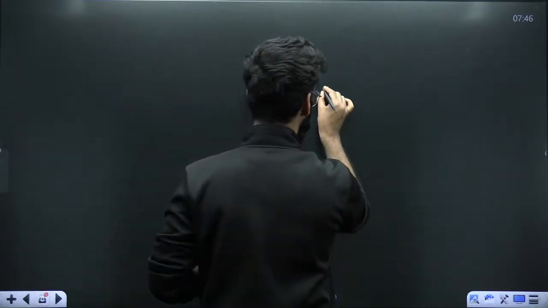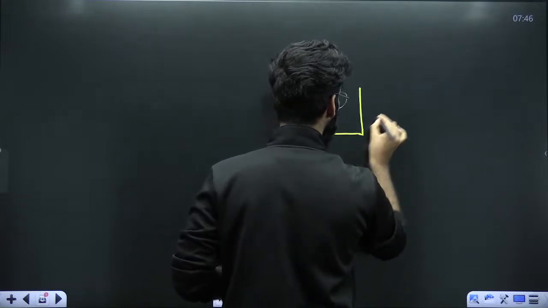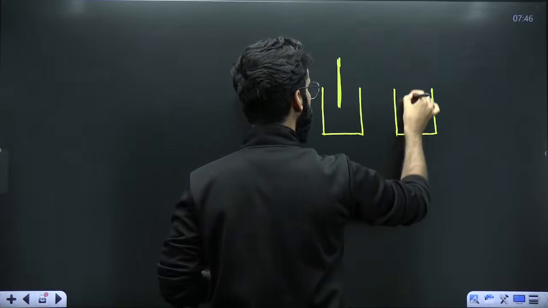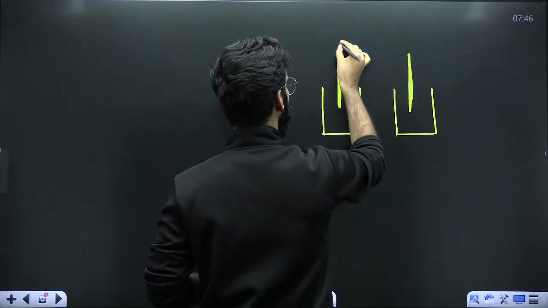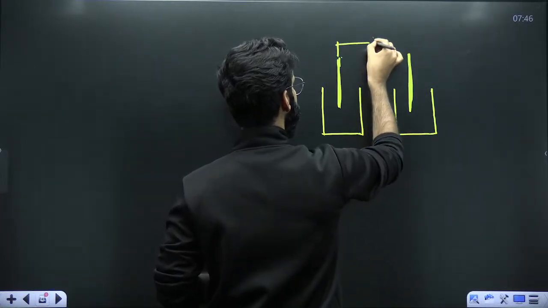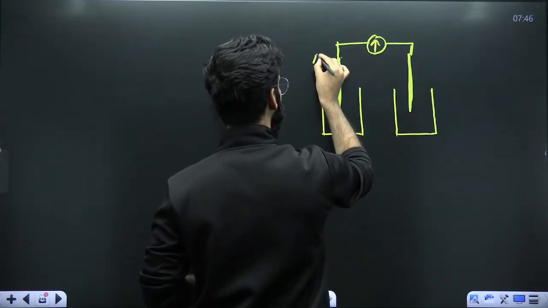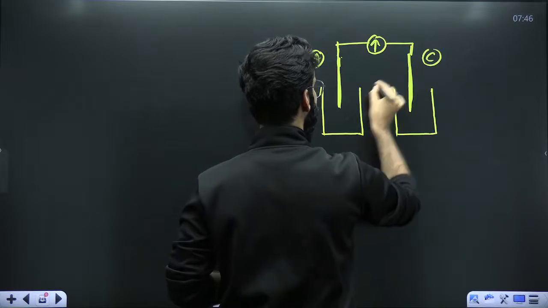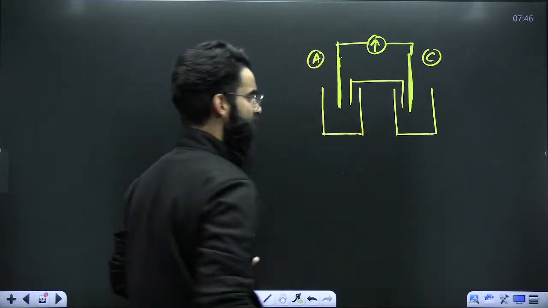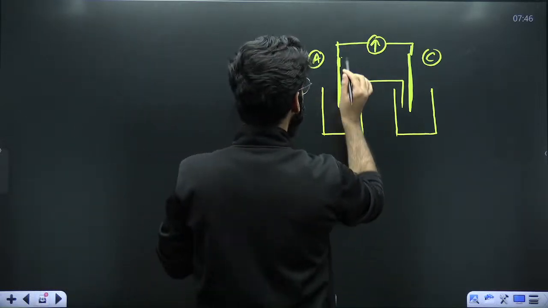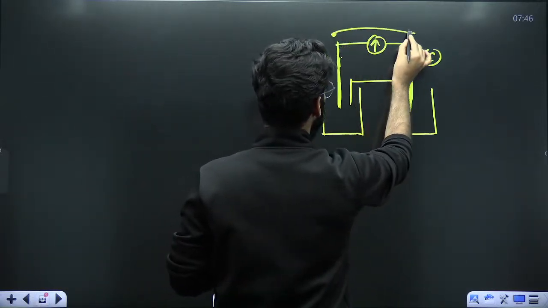Try to understand one more thing. For example, I'm again taking the Daniel cell into consideration. This is anode and over here this is your cathode. You are connecting them externally, and internally also you're connecting them. So this is your Daniel cell. First of all, what happens in the Daniel cell? Electrons are moved from anode to cathode.